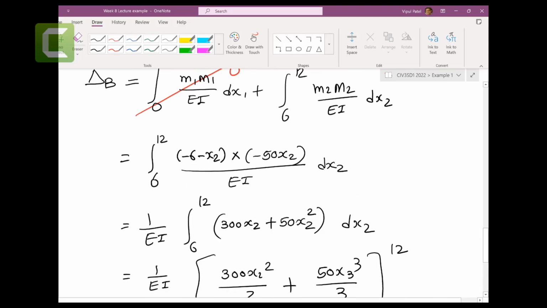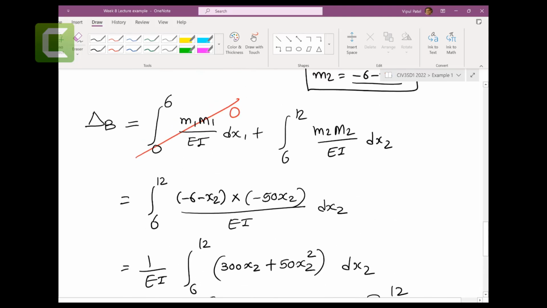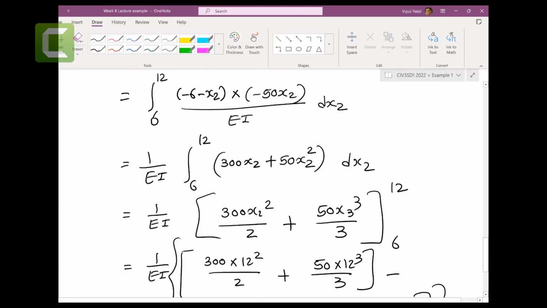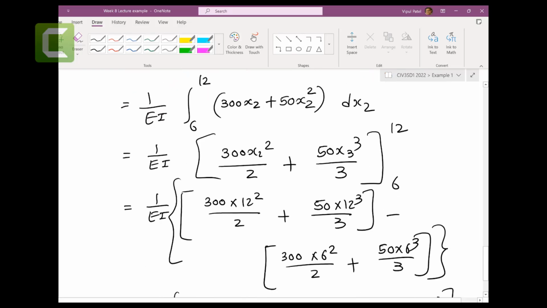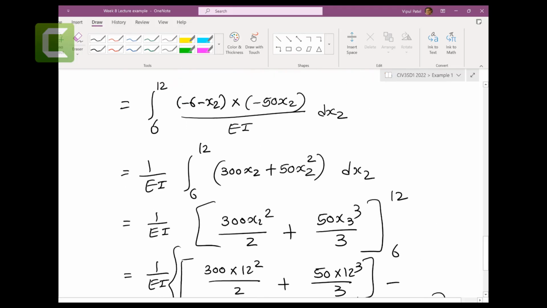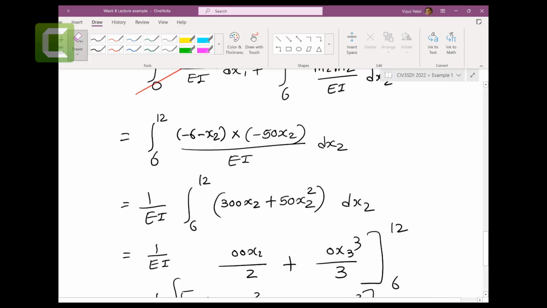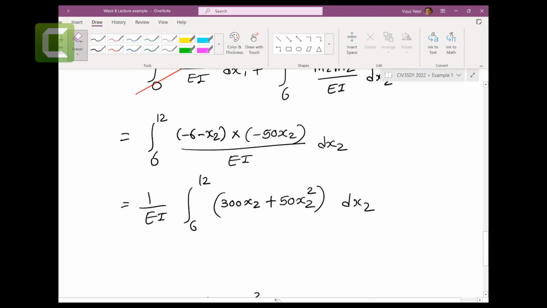Let me fix it. How about we just take the 50 out? That makes it more simple.